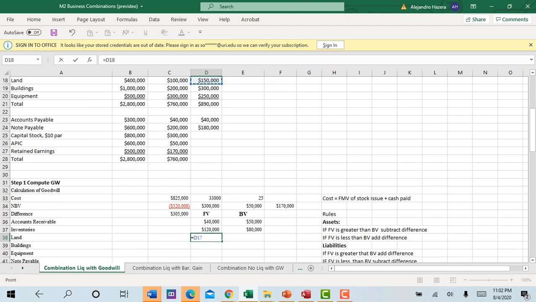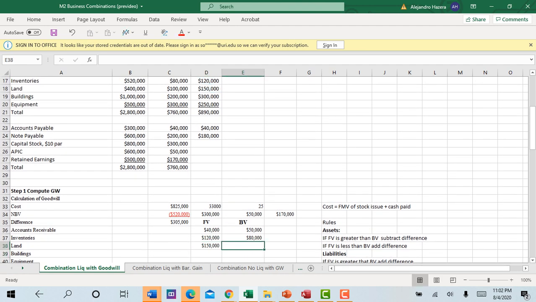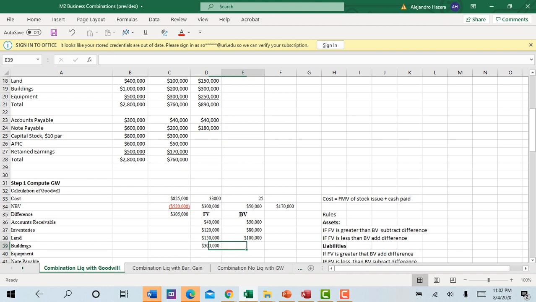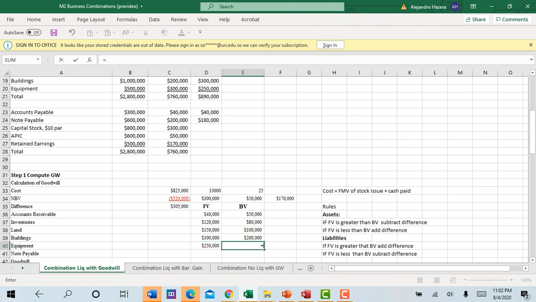Land has a fair value of 150 and a book value of 100. Buildings has a fair value of 300 and a book value of 200. Equipment has a fair value of 250 and a book value of 300.